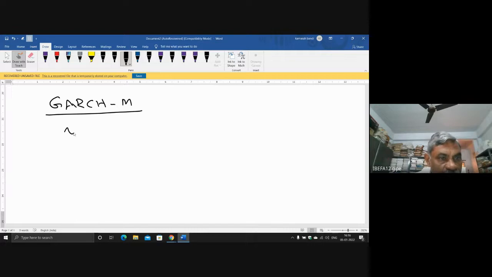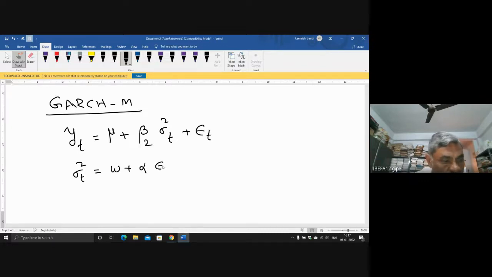But in the standard GARCH-M formulation, y t equals mu, that is the conditional mean, in addition, you have a parameter beta 2 sigma square t plus epsilon t. And sigma square t is, as usual, the GARCH process, omega plus alpha sigma t minus 1 square plus beta 1 sigma square t minus 1.